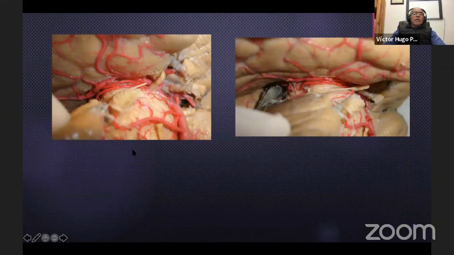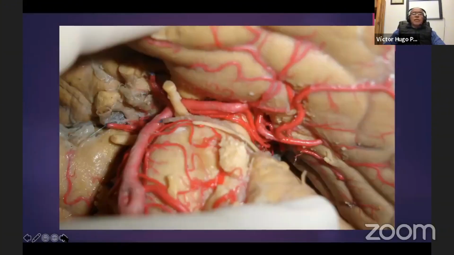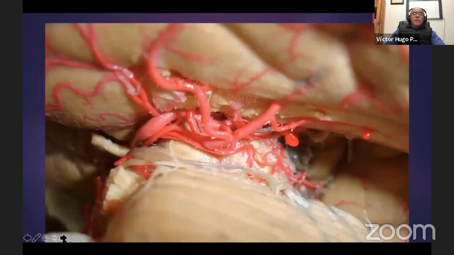Here we have two pictures in which we can see the posterior cerebral artery and the superior cerebellar artery. This is an approach to this part of the brain. This is a good landmark to differentiate the posterior cerebral artery and the superior cerebellar artery.